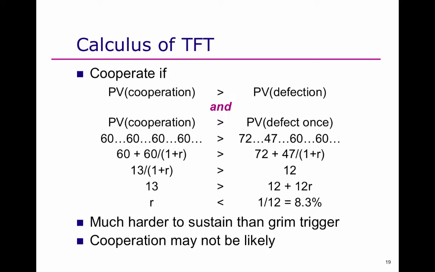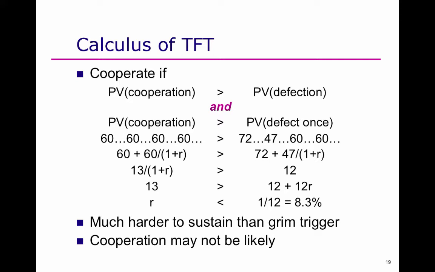Then I get punished by the other party under the tit for tat arrangement. I learn my lesson, having earned only 47, and then I go back to earning 60 again. Now that generates the value 12, it turns out. This is just a little bit of algebra. And what you get here is R equal to 1/12, equal to, what again, 8.3%.